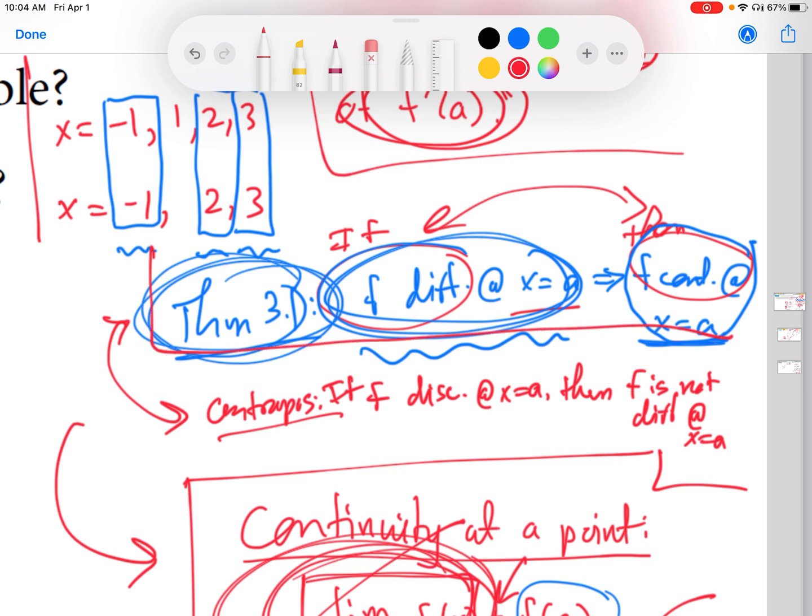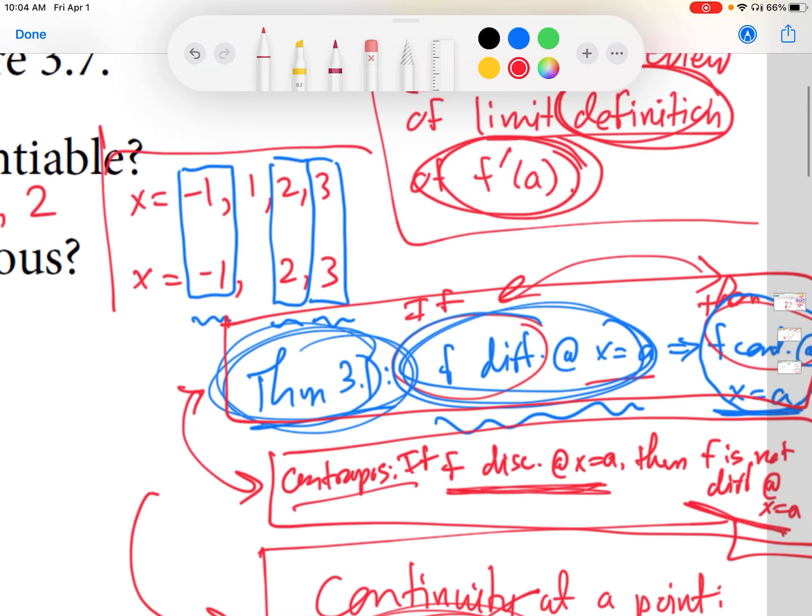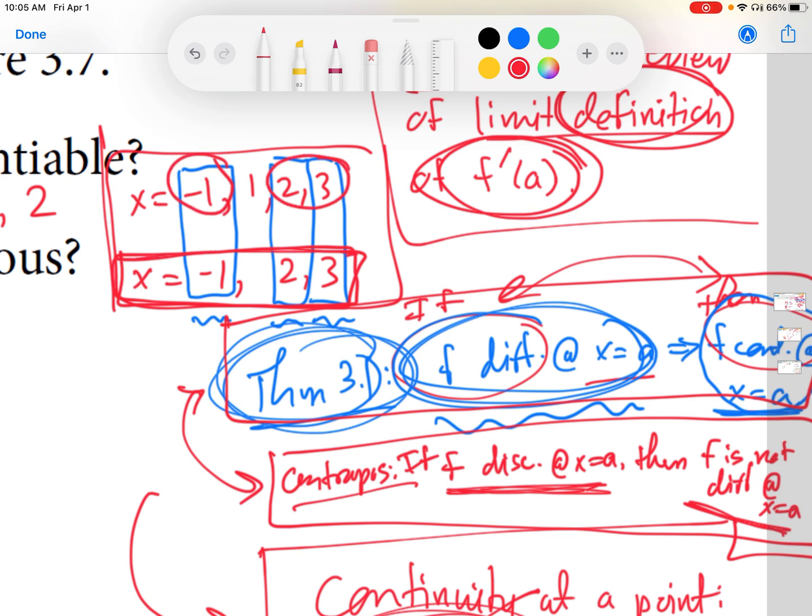So we know that this theorem is true. We can prove this, and therefore we know the contrapositive is true. Which tells us that if a function is discontinuous, then it's not differentiable there. So what we're seeing up here is a reflection of that fact. The function is not continuous at these 3 x values, therefore it is not differentiable at those 3 x values.